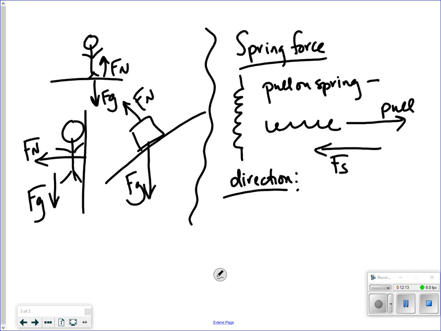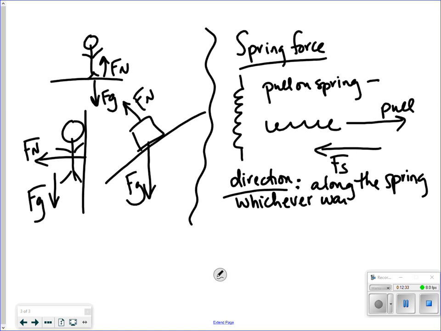So the direction of a spring force, it's along the spring, whichever way will restore it.